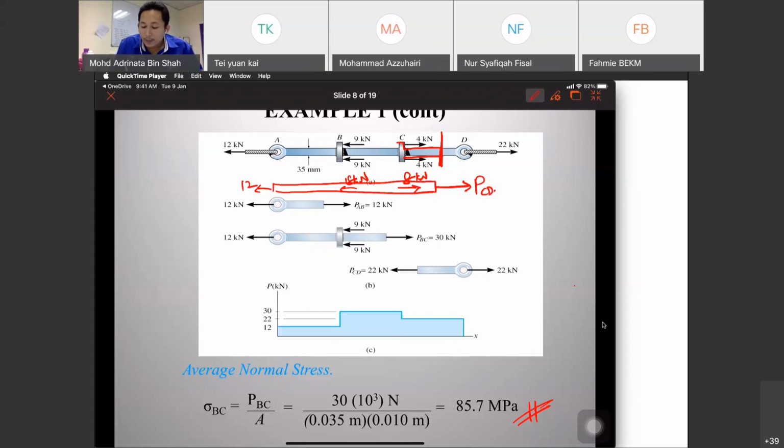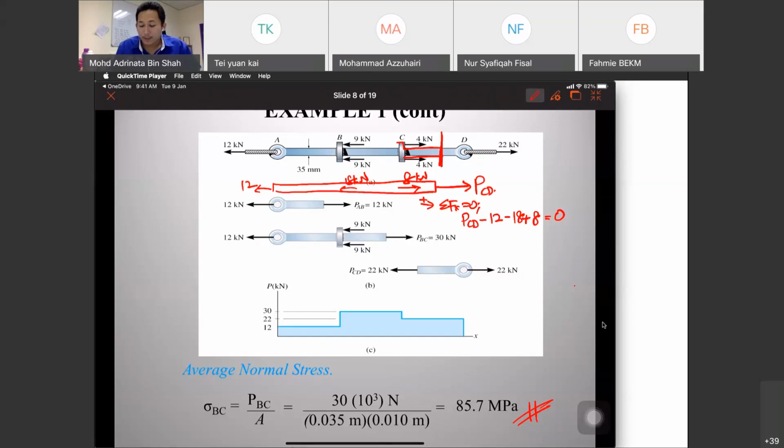And then, sigma Fx is equals to 0. Now we have to the right positive. So we have PCD minus 12 kilonewton minus 18 kilonewton minus 8 kilonewton equals to 0. Sorry. Minus, this one pass. Okay, area ni. Direction.